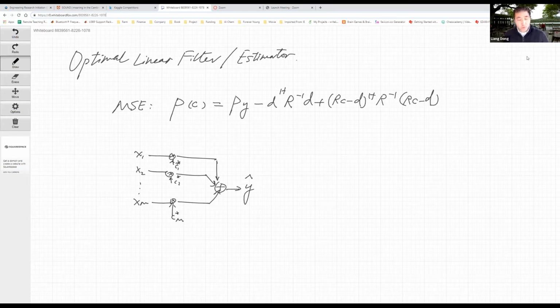Filtering, we always do one vector times the complex conjugate of another vector if it's complex number. And what we want to find are those coefficient c's, and then make sure that this output or the estimator of y should be as close as possible to the true y.